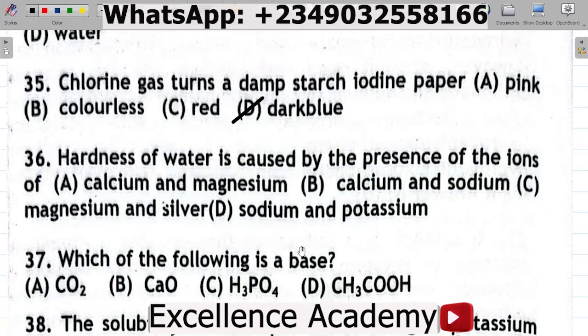All right. So calcium and magnesium trioxocarbonate 4 causes temporary hardness of water. Meanwhile, permanent hardness of water is caused by calcium and magnesium tetraoxosulfate 6. So if you look at the two of them there, two things are involved there, calcium and magnesium. So in essence, the correct answer there is A, calcium and magnesium.